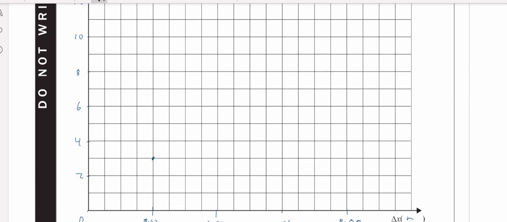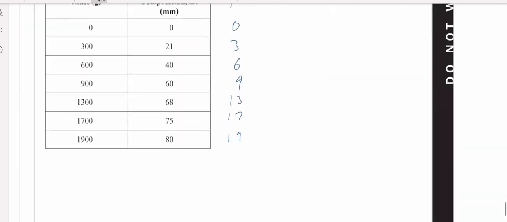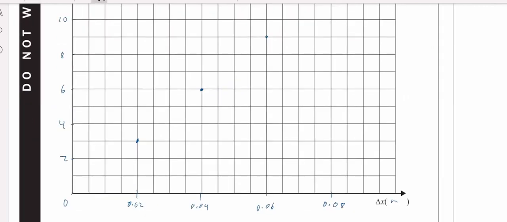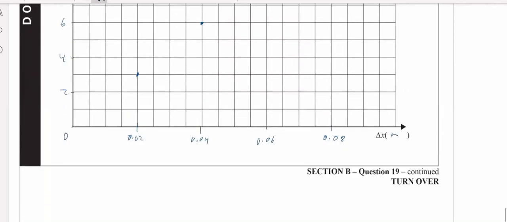So it's 3 newtons, 0.02, 6 newtons, 0.06 was 9 newtons, and around 0.068 is 13, 0.07, around there. 0.075 is 17.